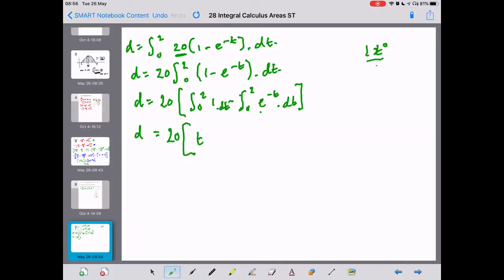We add 1 to the index and divide by it, so we end up with t to the 1, or just t. And we're going to take away. Now, hang on.